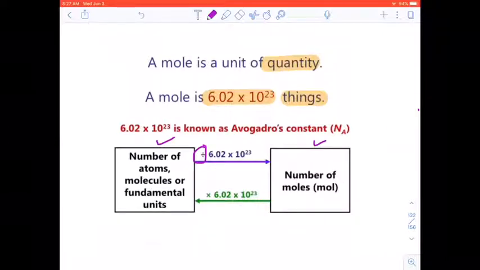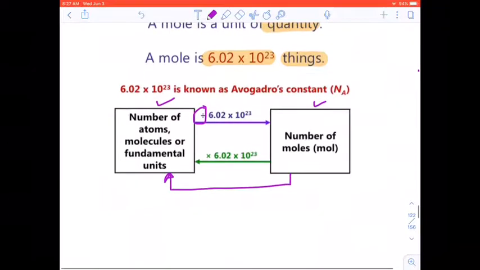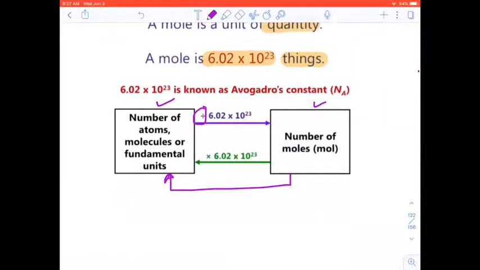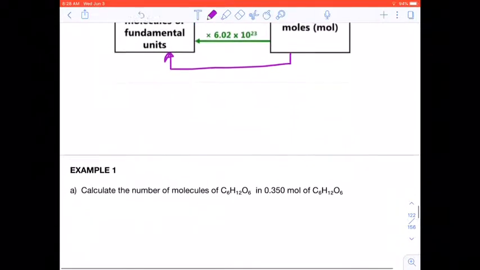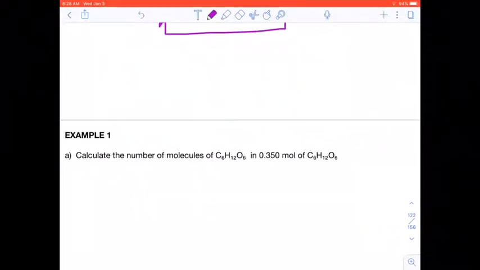If we're moving from moles to elementary particles, we multiply by 6.02 times 10 to the 23. Now we're going to apply this to some of our questions. So let's look at the first one.